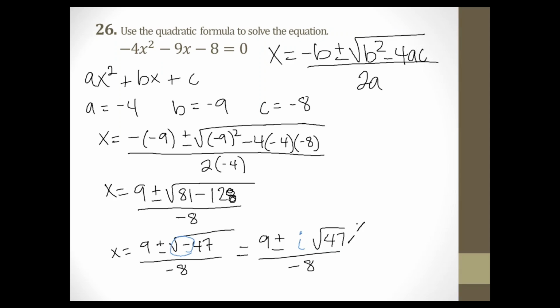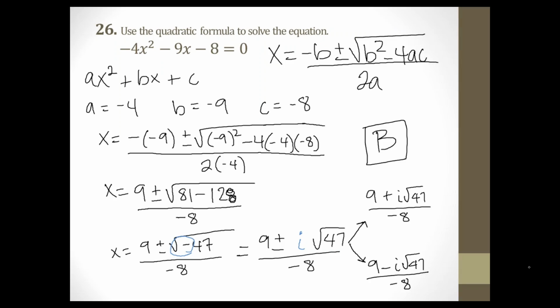It's giving you the one that involves the plus, so that'll be 9 plus i square root of 47 over negative 8. And then we have 9 minus i square root of 47 divided by negative 8. If there's any questions on quadratic formula, we're going to use it one more time in problem number 27.